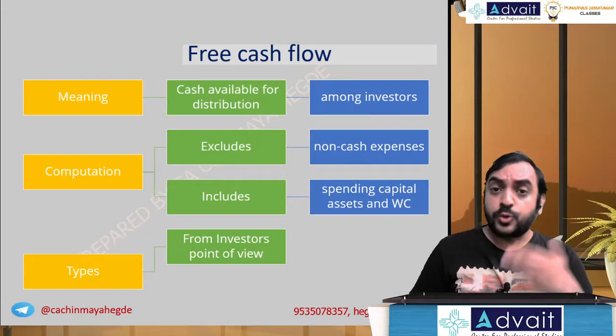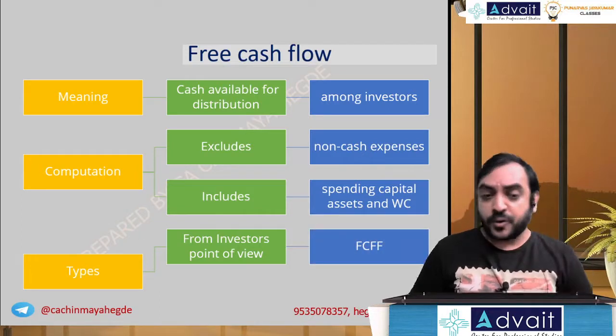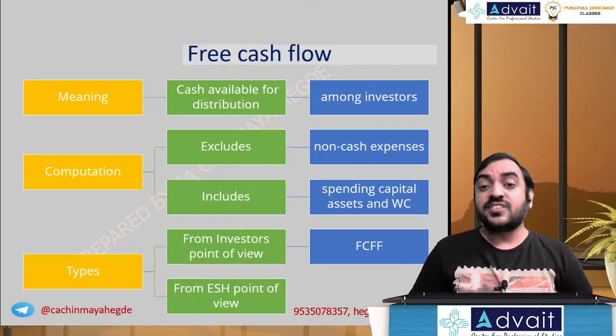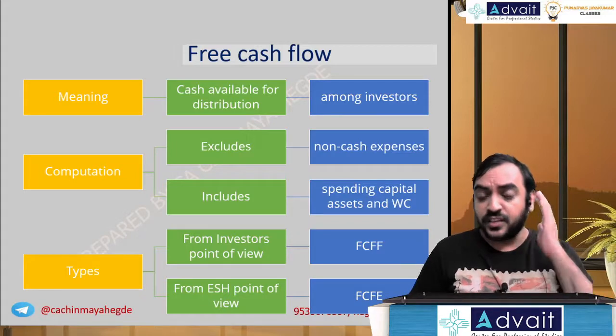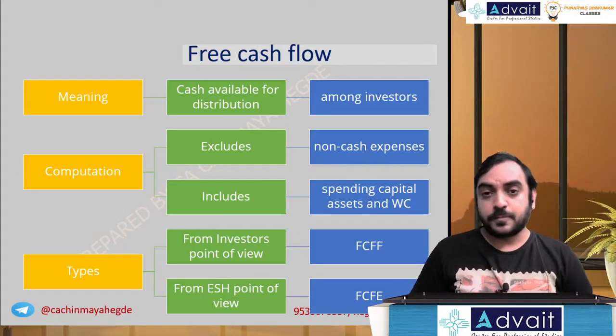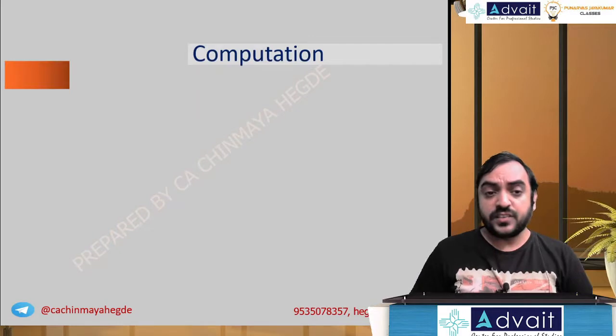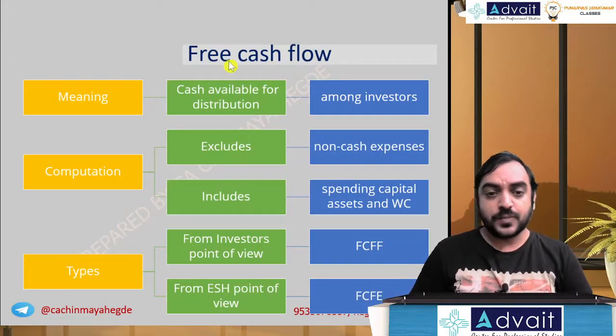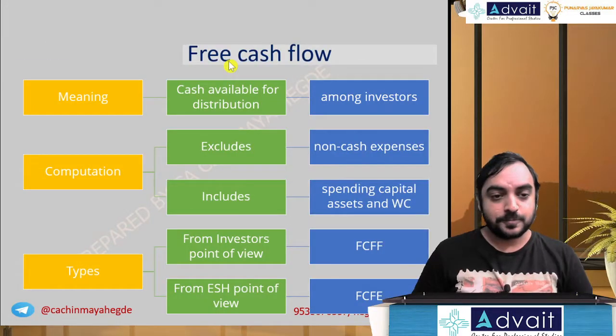You can view from two points of view, from a firm point of view, or you can think from equity shareholders point of view. That is what is difference, FCFF, FCFE. I will tell you the difference, how those two things will have that. Then I'll go for the valuation aspect.